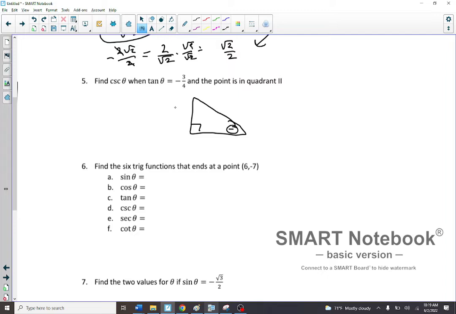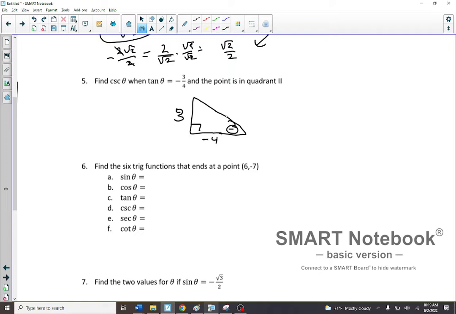So opposite is 3, and adjacent is negative 4, because it is in the second quadrant.